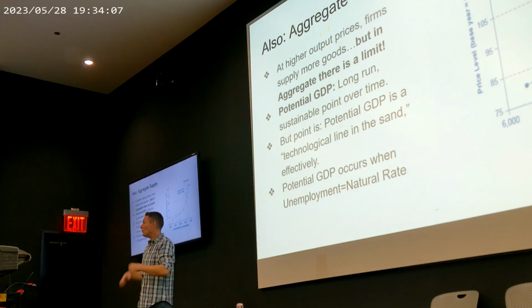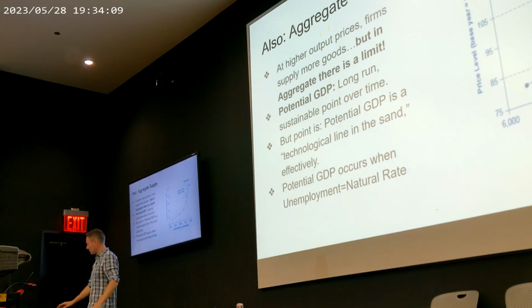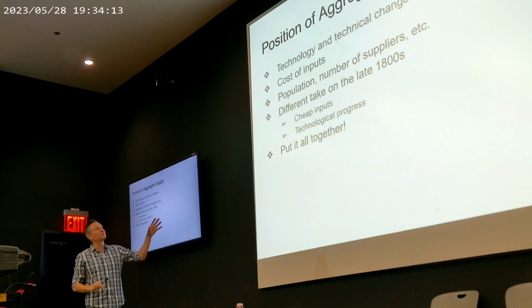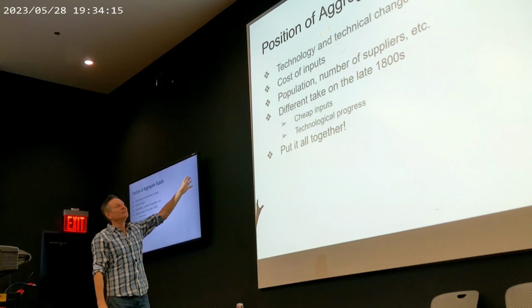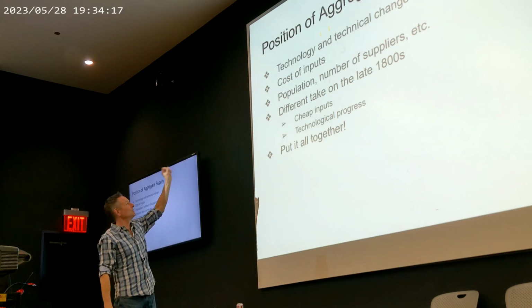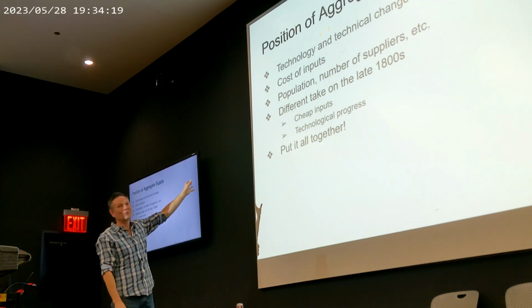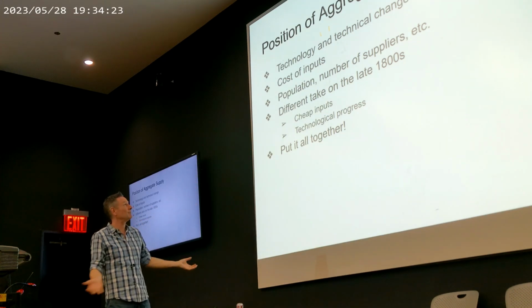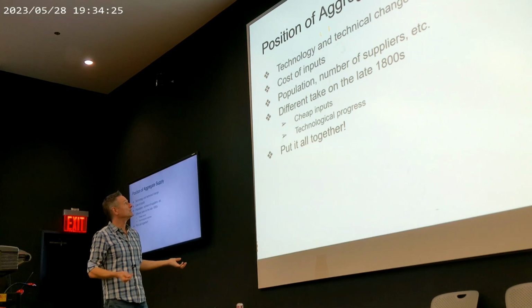Okay, so all we have here is aggregate demand and aggregate supply. And so what determines the position of aggregate supply? Well, as I said, technology, the cost of inputs, our population, right? If we're thinking about the country in general, the amount of land we have, all those things.